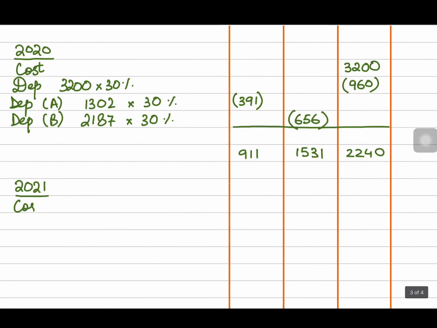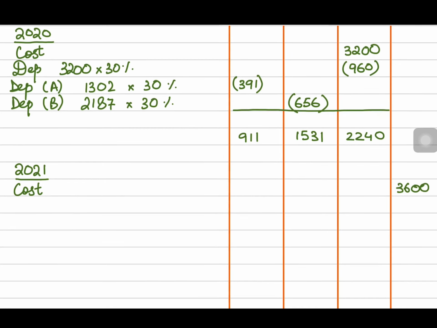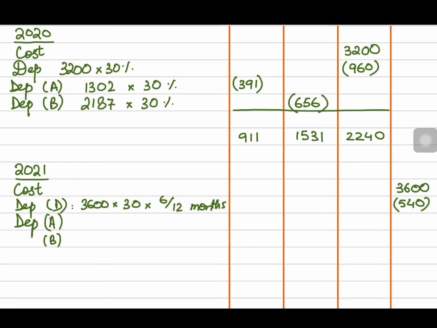So the cost of machinery D is 3600 in the last column, right, for machinery D. Now the depreciation charge on this machinery D would be cost multiplied by the rate and multiplied by the months, 6 divided by 12 months for half year only. So the depreciation would be 540, right? Now the depreciation for A, B and C as well we have to calculate.